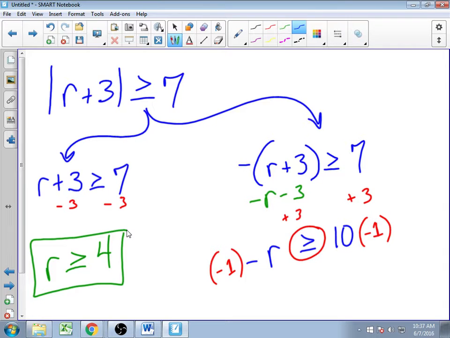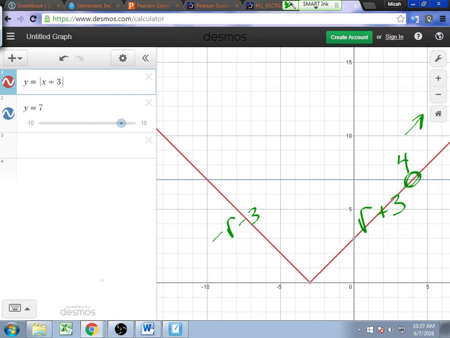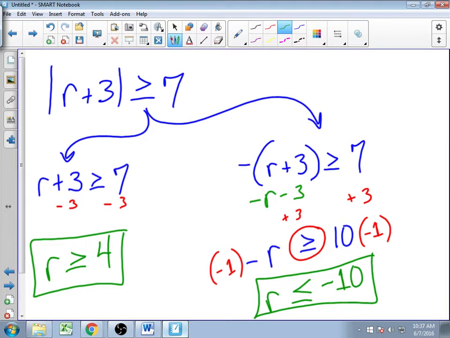So now the solution is that r is less than or equal to -10, which I can see in my graph. If I go to check this in Desmos, this point right here is my -10. Anything at -10 or less than -10 is greater than or equal to 7, which is why those are my two solutions of that inequality.